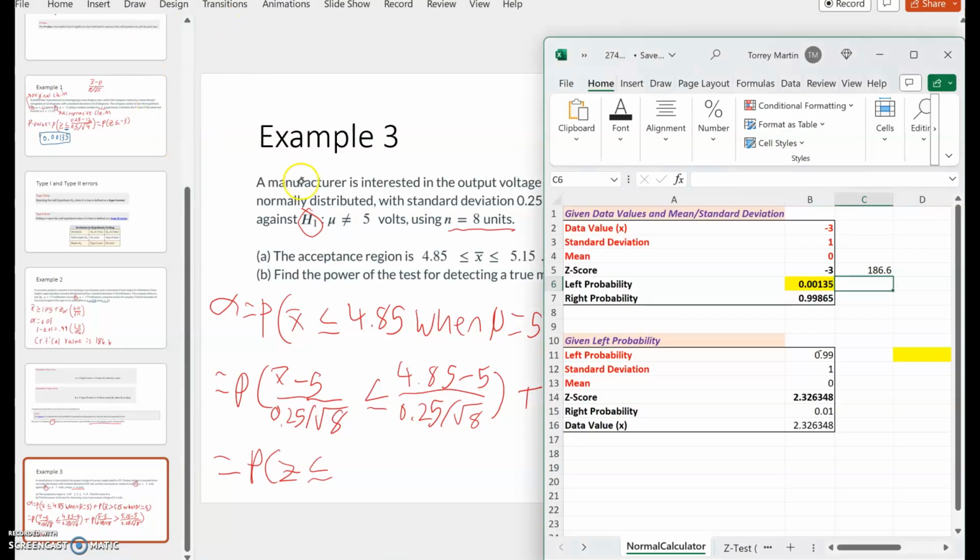So let's see, in this case we are doing parentheses 4.85 minus 5 divided by parentheses 0.25 divided by the square root of 8.